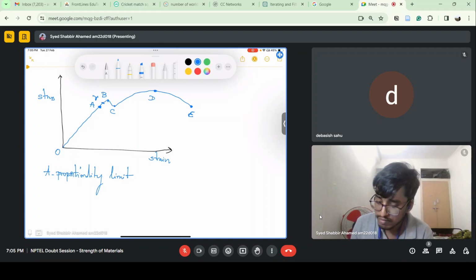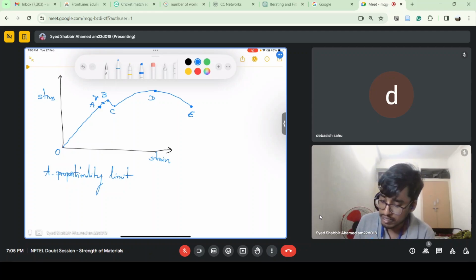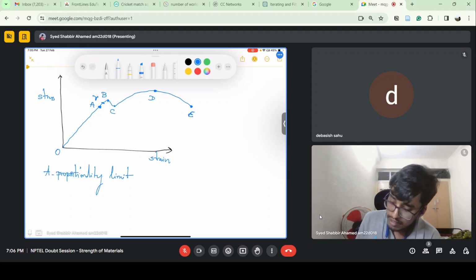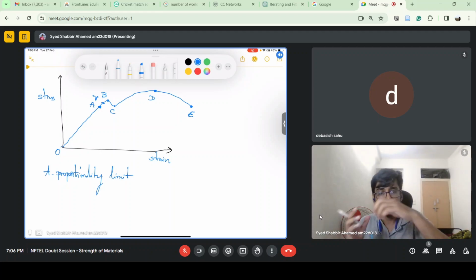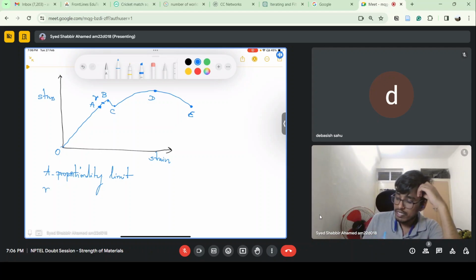Here, from A to gamma, it will not be linear, but whatever stress or strain you apply up to this point, if you release it, it comes back to the original position. The material regains its shape without any deformation. So that's why this gamma point can be called the elastic limit.